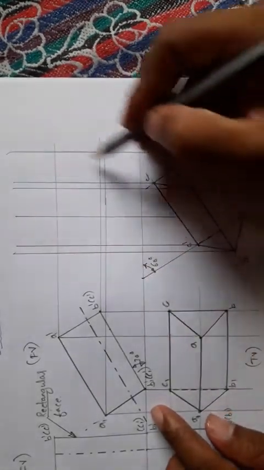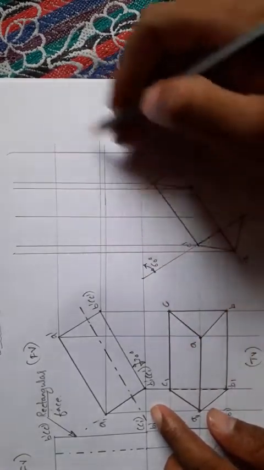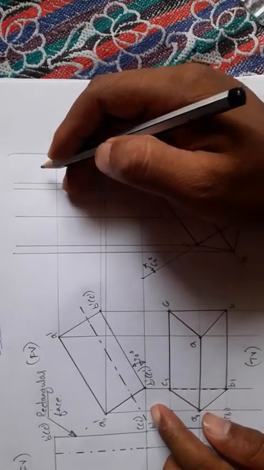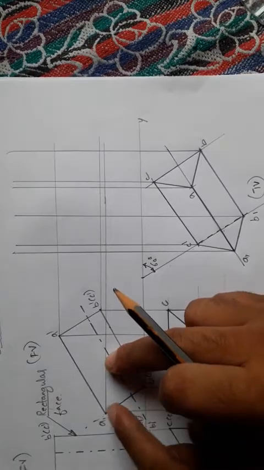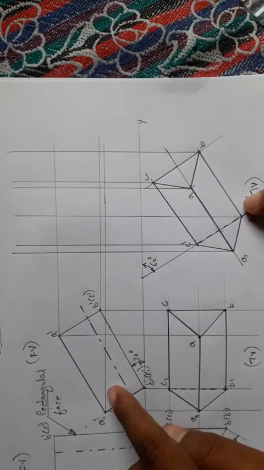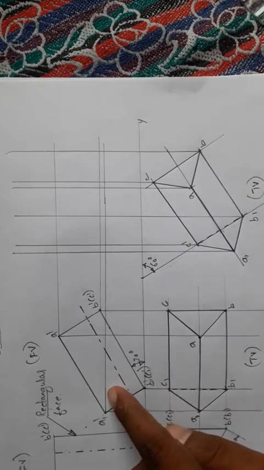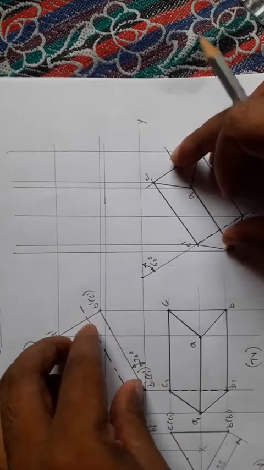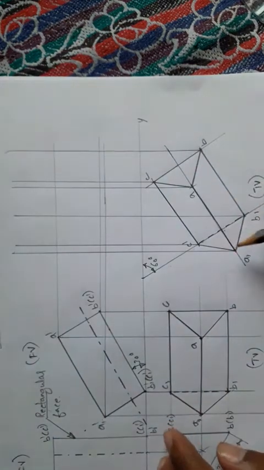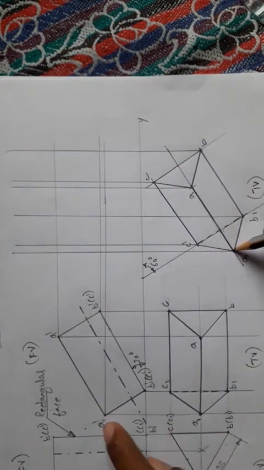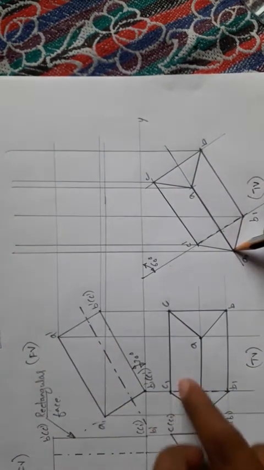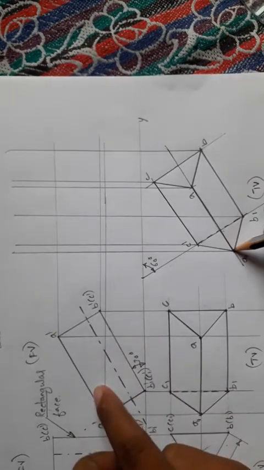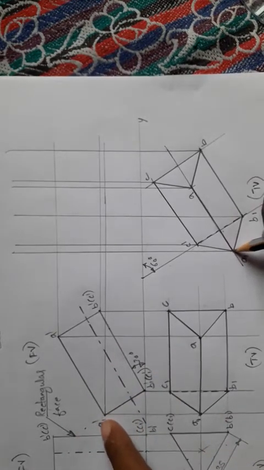Here I am going to draw the third stage of the front view with the help of the first stage of the front view and the third stage of the top view. That means in these two positions I am going to make the points coincide. A to A, I am going to take the position from this side.